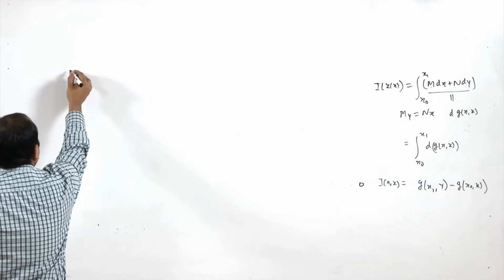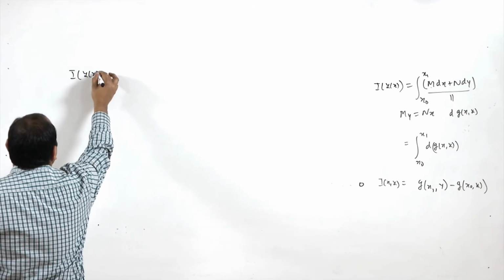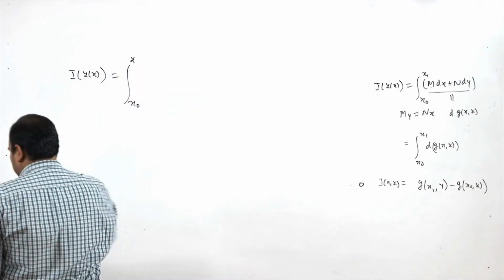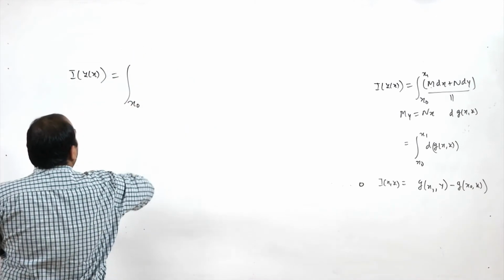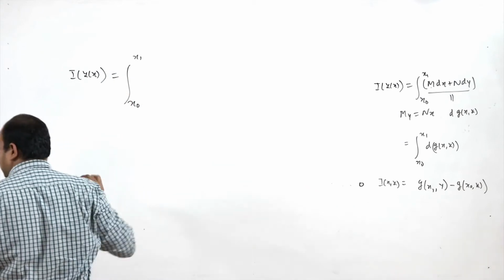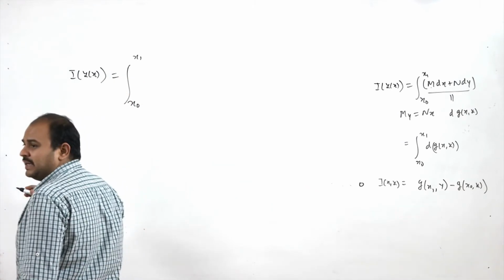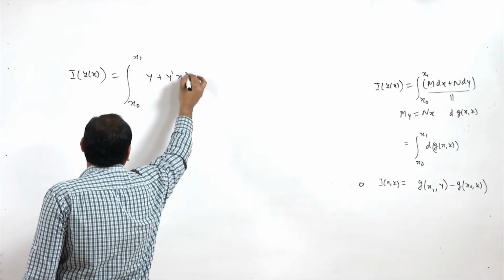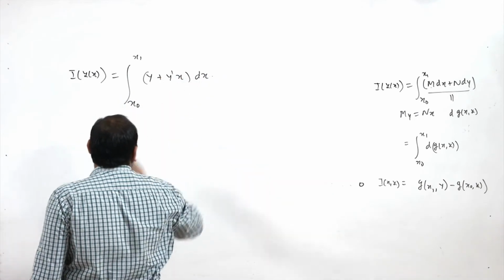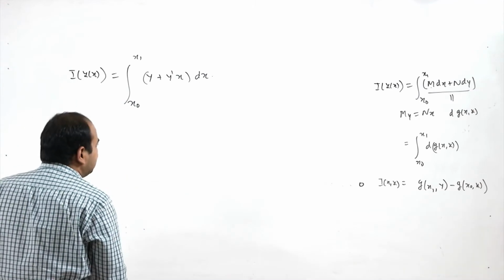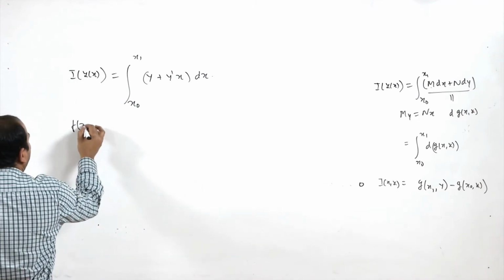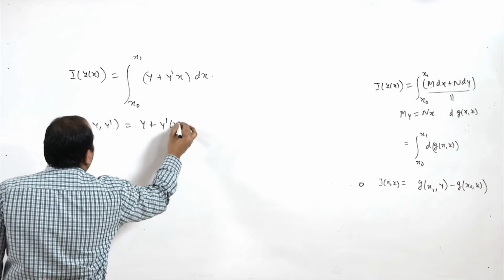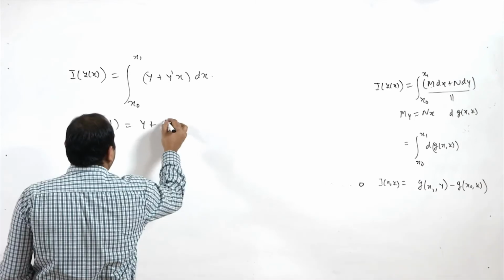Let us consider a functional like this, I of y of x equal to the integral from x naught to x1 of, let us take the simple example, y plus y dash x dx. So this is the simple example. Now in this case, your f of x, y, y dash is given as y plus y dash into x.